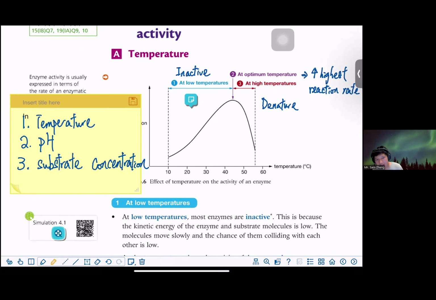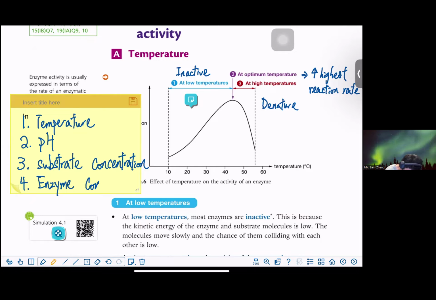Okay, so if it has a very high substrate concentration, you can think of it like there are lots of substrate. Then this will also cause a higher rate of enzymatic reaction. But apart from that, there is also, for example, the enzyme concentration.